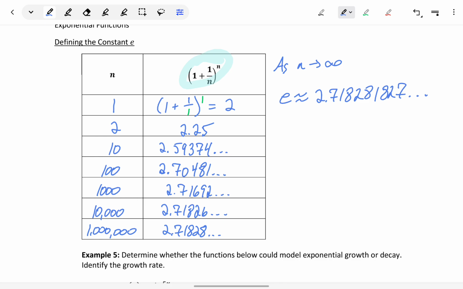But this constant e is something that we use particularly a lot with exponential functions and mathematical modeling. And what we end up with seeing a lot is the function e to the x, which is referred to as the natural exponential function.